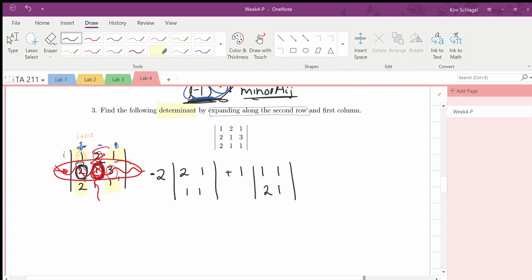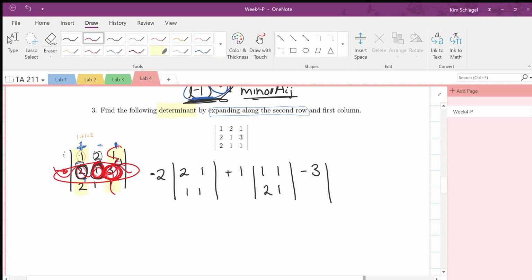Okay, and the last one that we're doing is we're expanding with this 3 in mind. We know that the sign here is negative, so we add a -3 out here, and we're multiplying that by whatever is left.